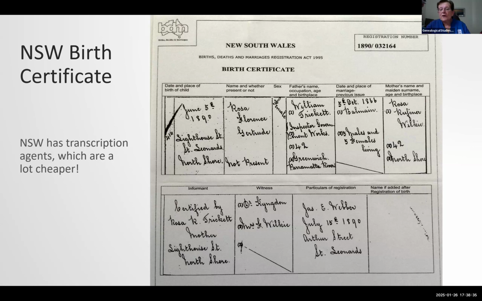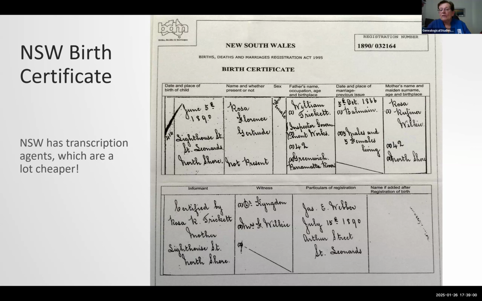And we've got here 5 males and 5 females all living. So poor Rosa Rufina Trickett, the mother, has already had 10 children from sometime between 1866 and 1890. She's had 10 children already.